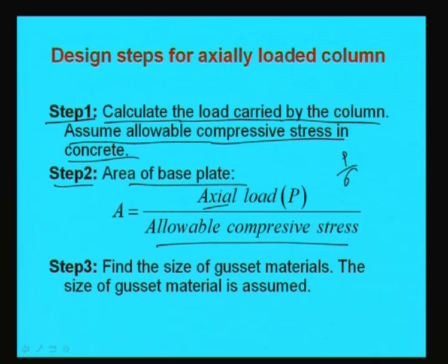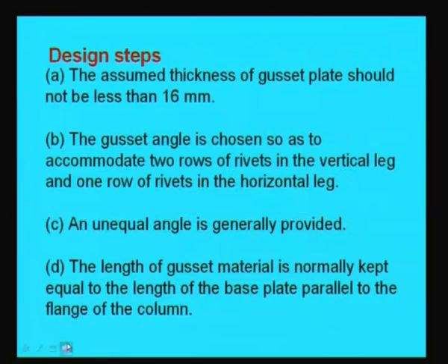Now, in step 3 we can find the size of gusset materials. First, the assumed thickness of gusset plate should not be less than 16 mm.